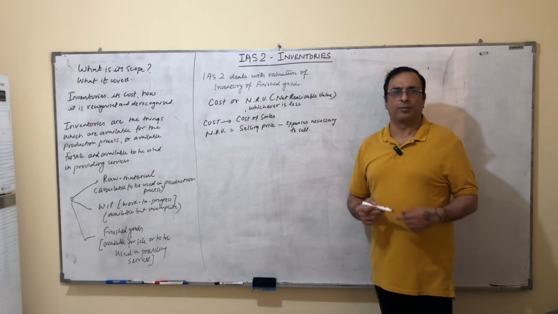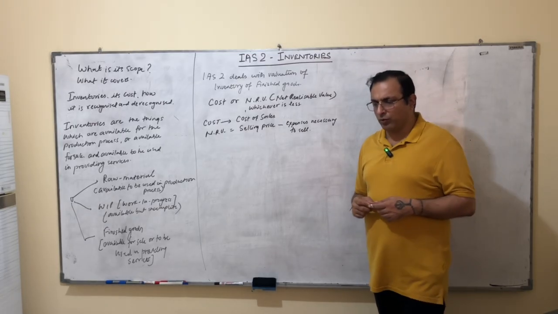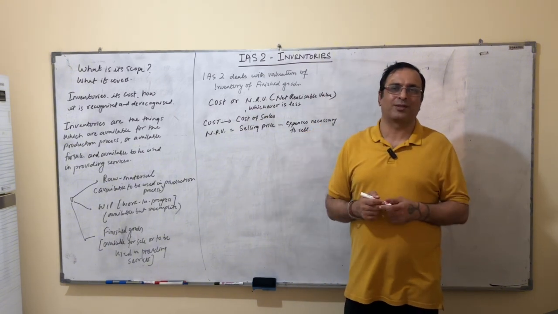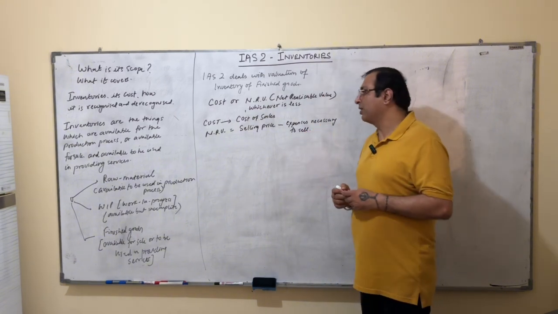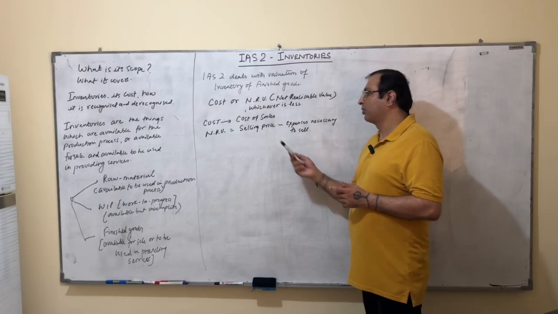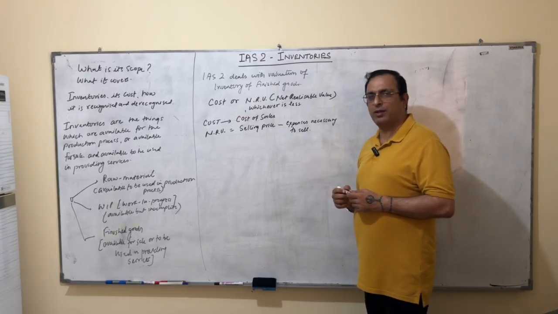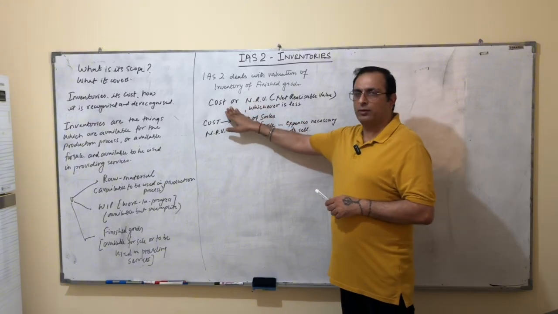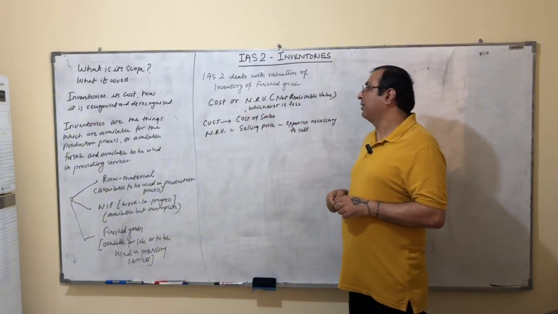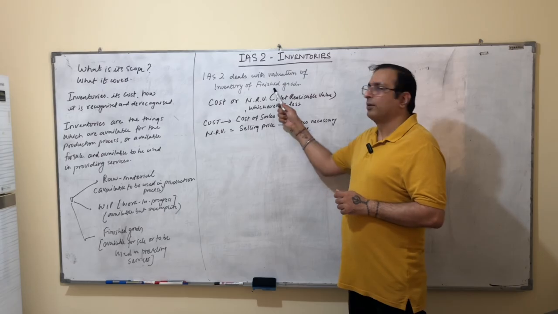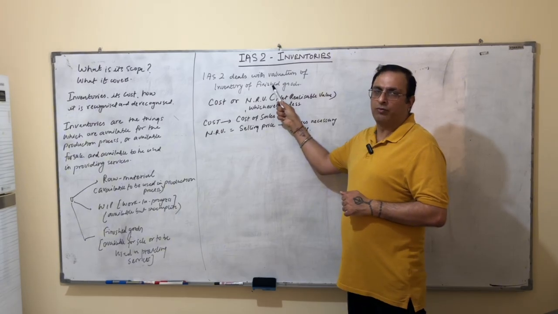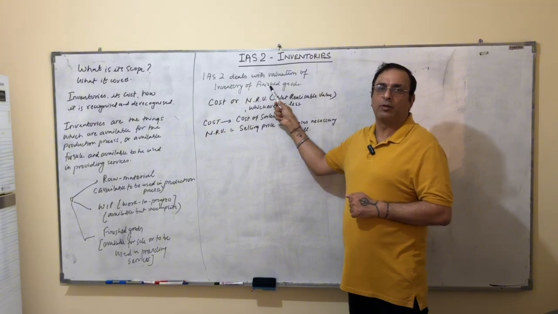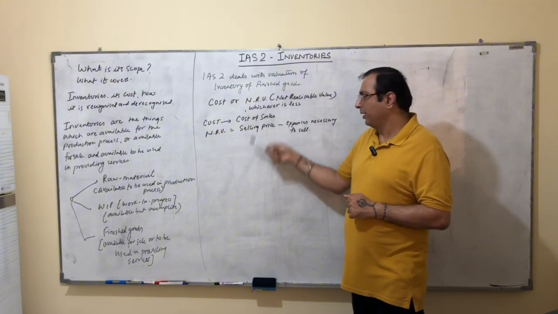Some paperwork, some transportation. Sometimes when you go and buy furniture, they say transportation is free of cost from our side. So some expenses which are compulsory to sell the goods, we subtract out of the selling price, and we get NRV. So we will get an amount here and an amount here. Whichever is less will be the value of closing inventory, which we will record in the statement of financial position and statement of profit or loss, right guys?